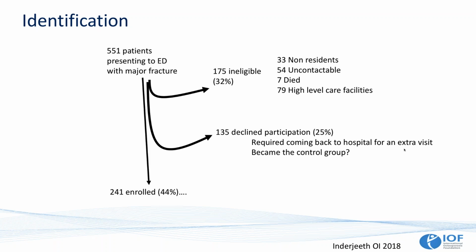Of course, the ones who died you can't really do anything about, but the number of high-level care facilities, these are your highest risk patients, some would say, and should be the real focus of the FLS. And then 25% declined to participate.